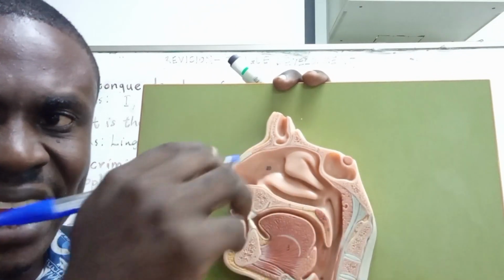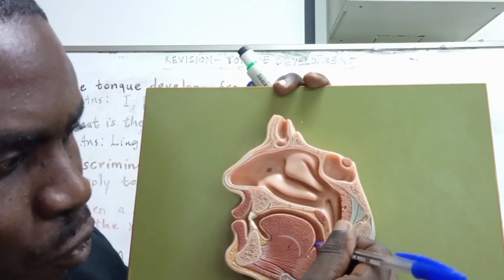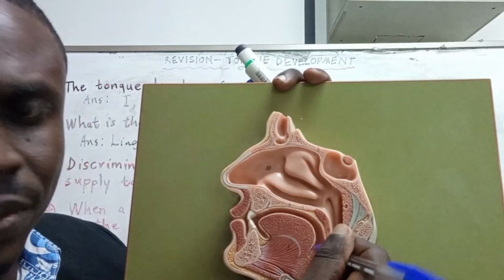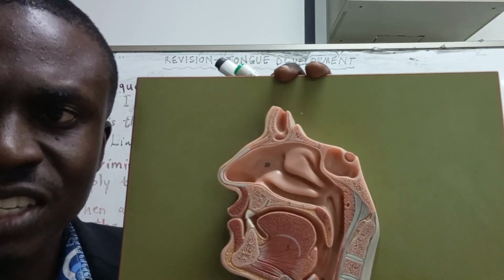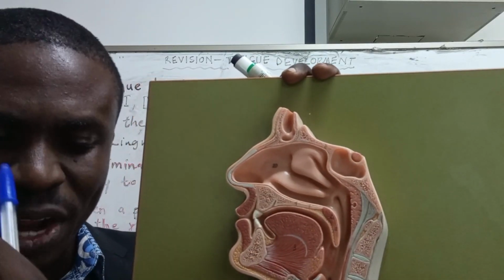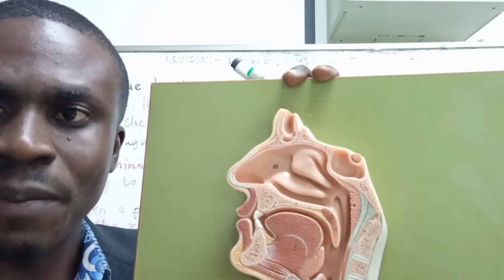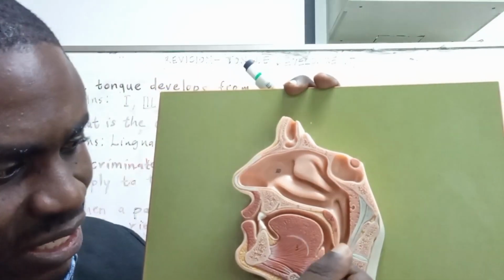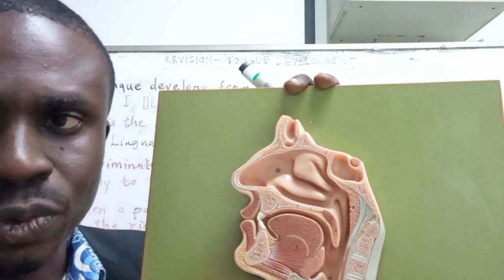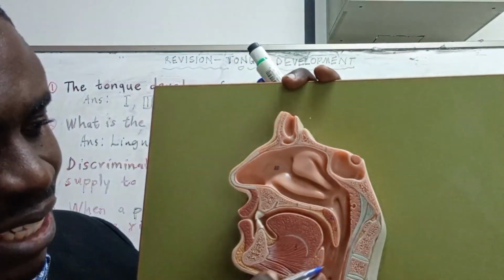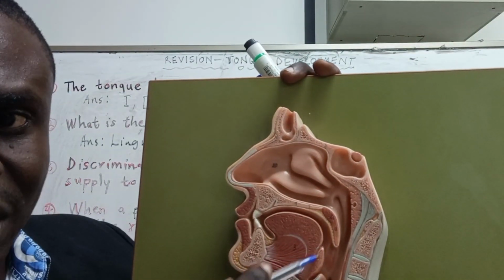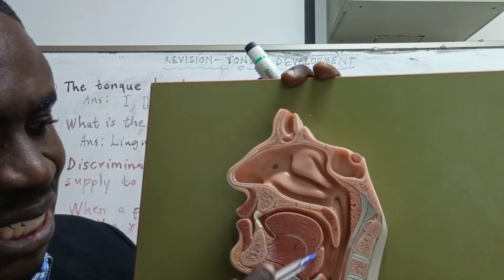But on either side, there's a V-shaped region, and that is something we call the sulcus terminalis. So the midpoint of the two sulci terminalis will give us this foramen cecum. And when I go behind the sulcus terminalis and foramen cecum, I get the posterior one-third portion of the tongue.